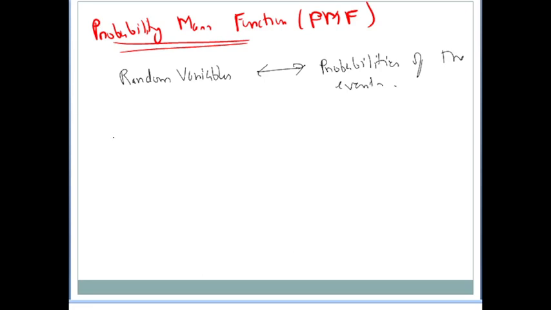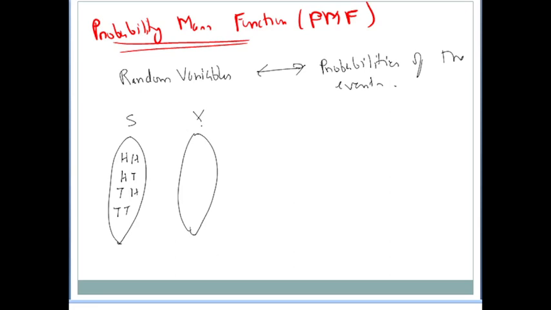Let's say this is the sample space for tossing two coins: head head, head tail, tail head, tail tail. These are the random variables. Random variable for 0 head, then random variable for 1 head, and this is the random variable for 2 head.